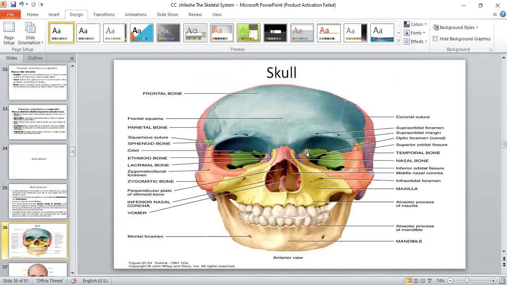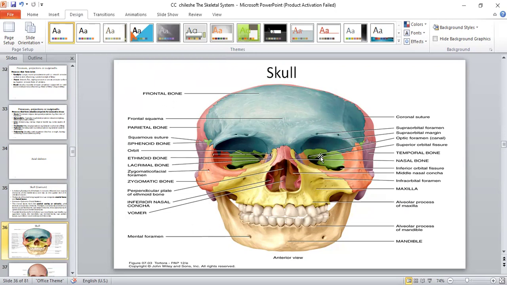So if you look at this diagram, there is a very good example of a fissure there. That is an opening in the orbital cavity. This is where blood vessels will pass from the cranial cavity into the orbital cavity. Blood vessels, nerves, lymphatic vessels, they will pass through these openings.